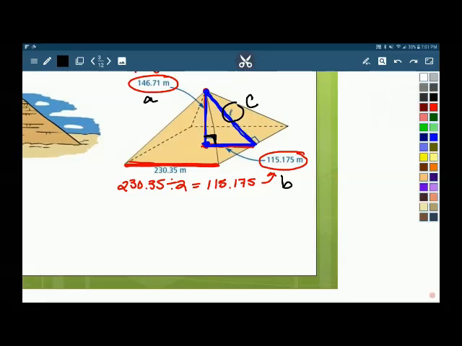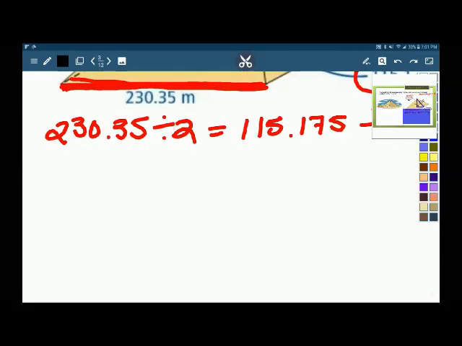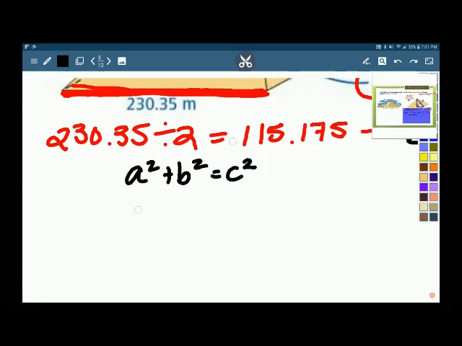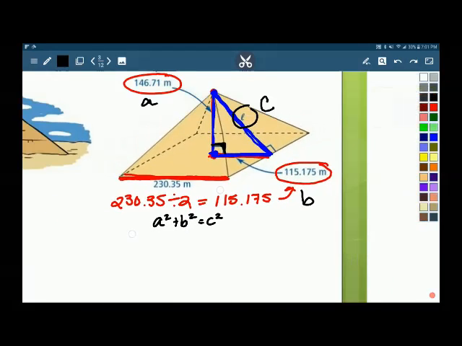So my Pythagorean theorem says a squared plus b squared equals c squared. Well, a in this situation is 146.71 squared plus 115.175 squared is equal to c squared.